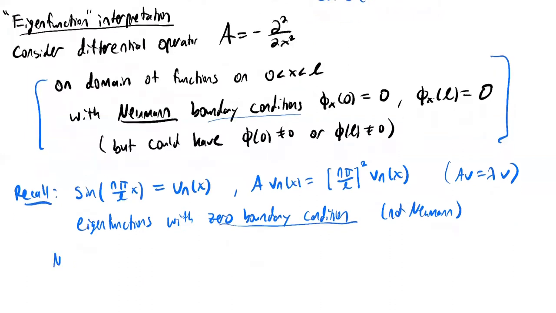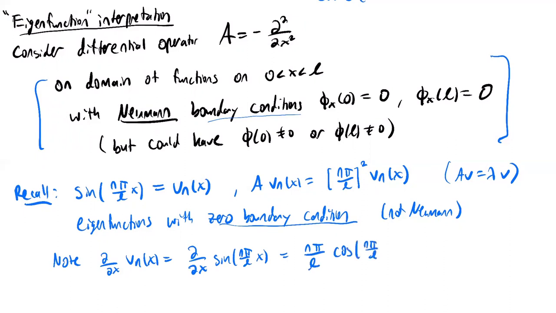Notice that if I take the derivative with respect to x of Vn of x, this is the derivative of sine of n pi over L x. The derivative of sine is cosine, and then I have to use the chain rule. So I get n pi over L times cosine of n pi over L x.